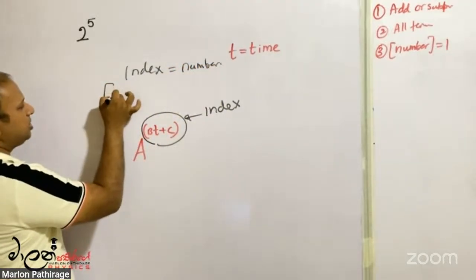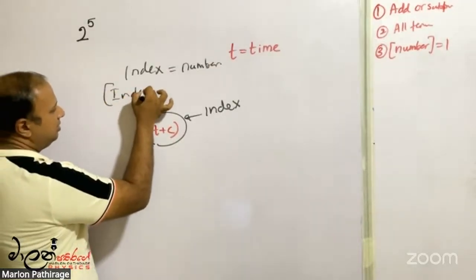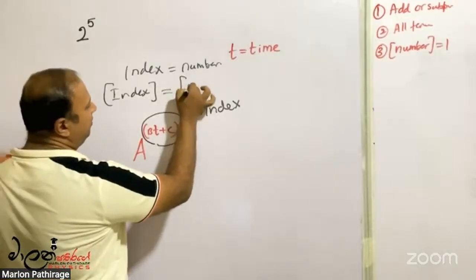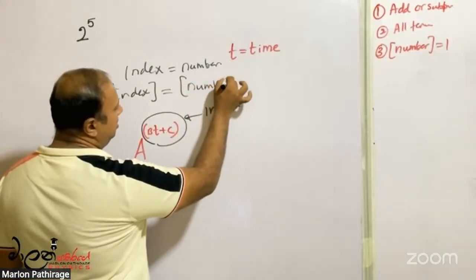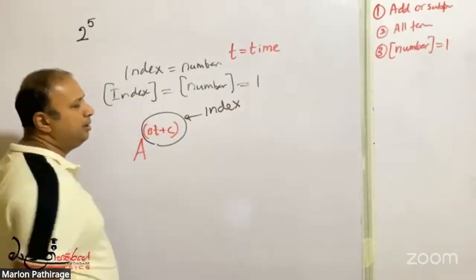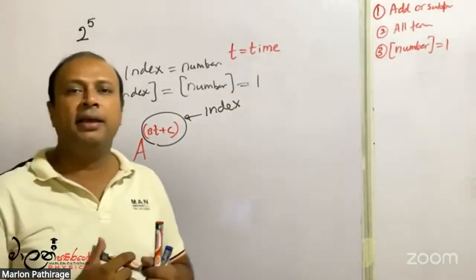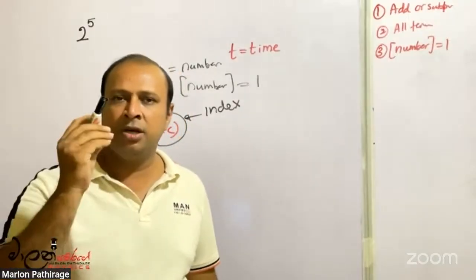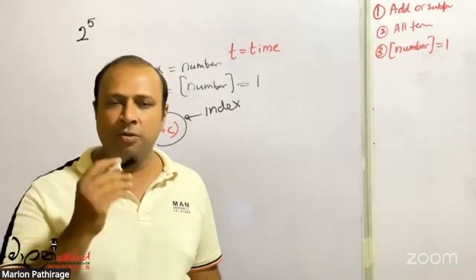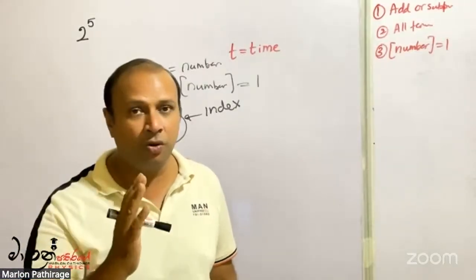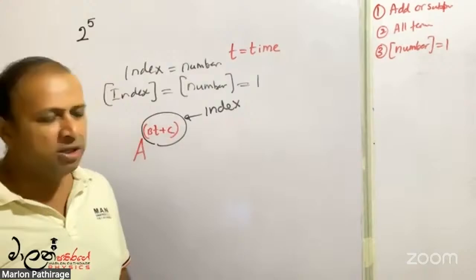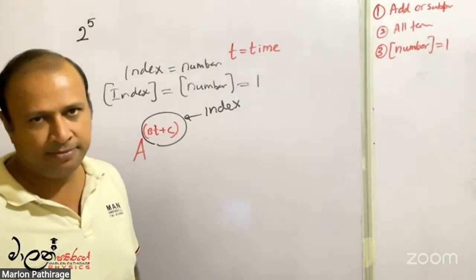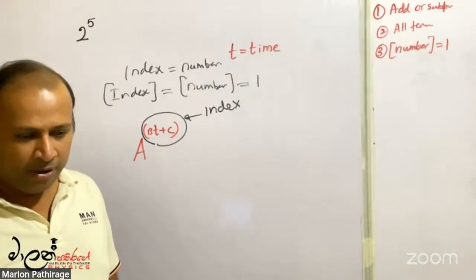Therefore, the dimension of an index should be equal to the dimension of a number. You know, numbers do not have dimensions. Therefore, the dimension of an index should be equal to 1, or it has no dimension.